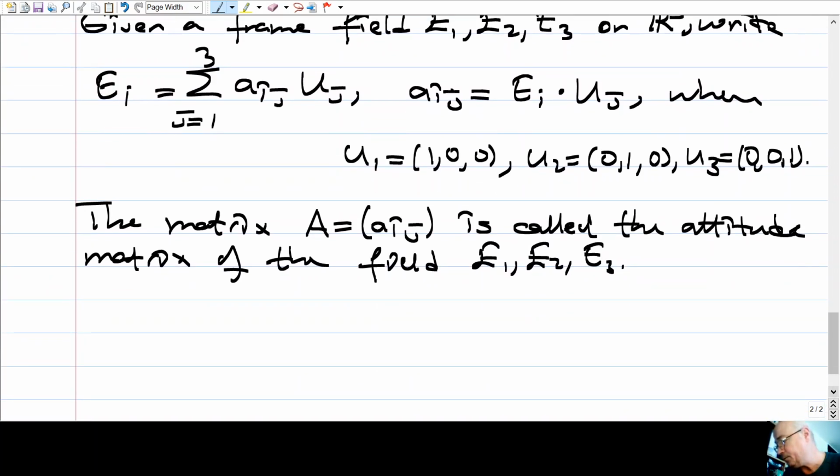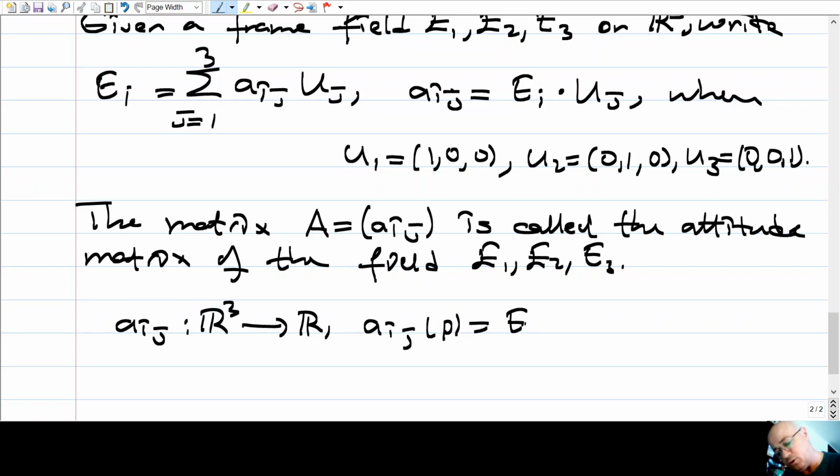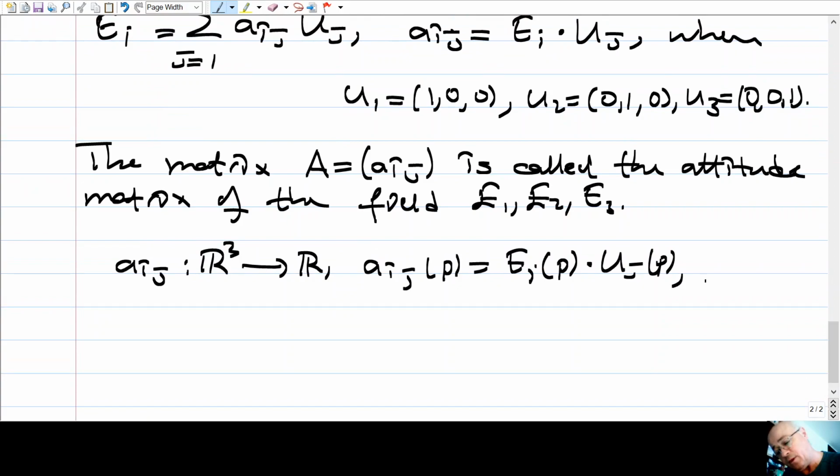Okay. Well, these are functions. So each aij is a function from R3 to R given by this, right? At any point p, it is equal to Ei(p) dot Ej(p). Well, this is a constant function. So it's just the dot product of these two.